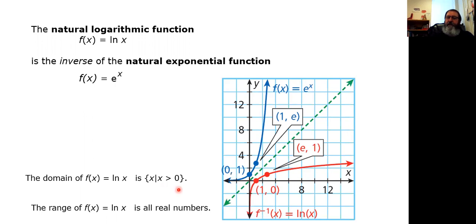So x greater than 0. And then the range is all real numbers, because we're going down this way, and this will continue to rise. It's rising at a much slower rate than this end, but it is going to continue to go up and up. There's no asymptote on this end. So your range is all real numbers for the natural log function. Good to know. You might want to make a note of that in your notes.